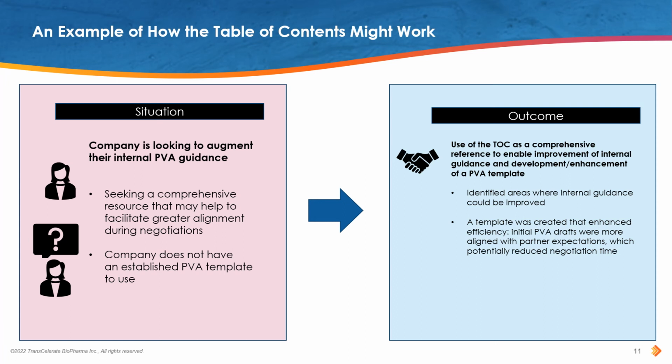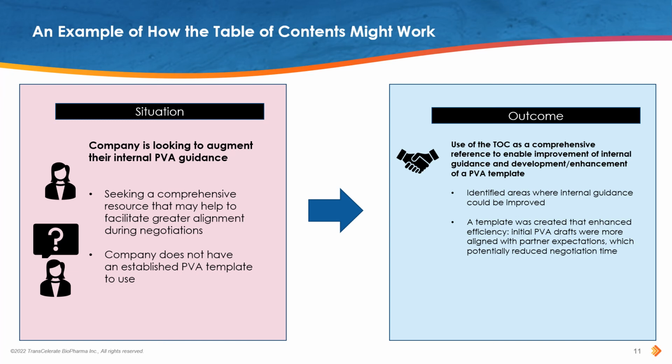In the second example, a company is seeking to build a comprehensive resource that may help to facilitate greater alignment during PVA negotiation. The company does not have an established PVA template and is looking to augment their internal guidance for development of PVAs. The company decided to review the table of contents as a comprehensive reference and was able to identify areas where their internal PVA guidance could be improved.